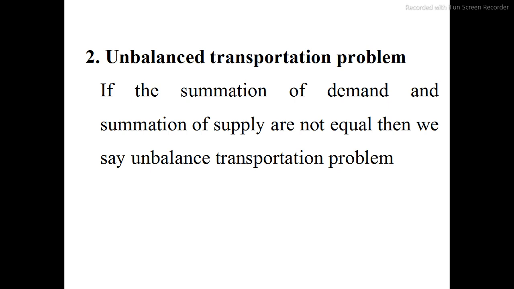If the demand at one point is 10 and another is 20, that makes 30, that means overall we have 20 quantities in warehouses, whereas demand is for 30. So it cannot be solved. So that type of problem is called an unbalanced transportation problem.